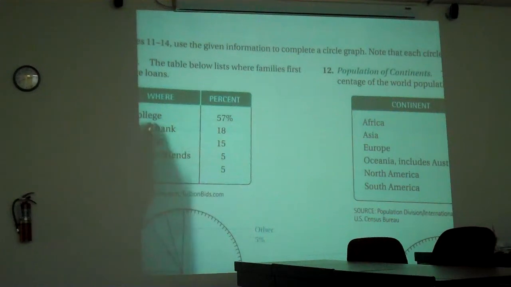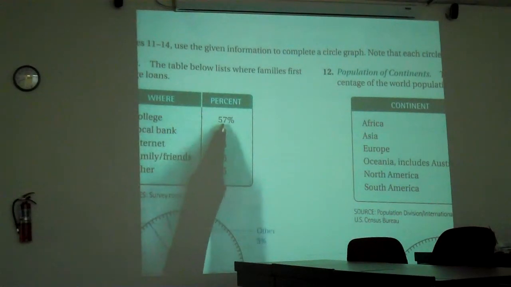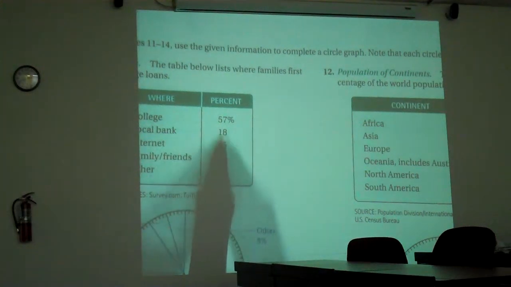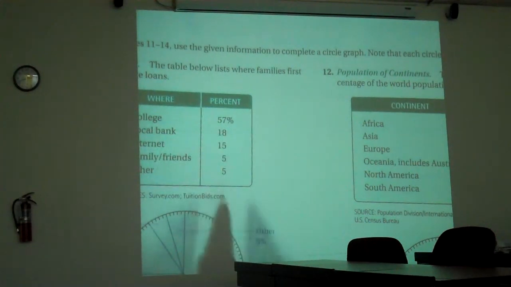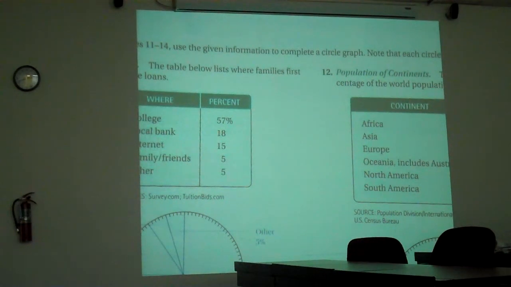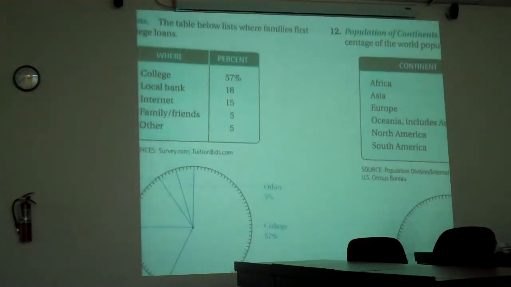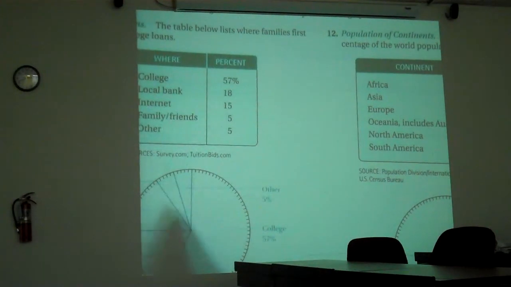What you want to do is, you can count 57, but easier than counting 57 if you start with these other numbers. You can start with 5 and just do a line here to the middle, and then go back 5 and draw a line. Okay? Then go back another 5 and draw a line.